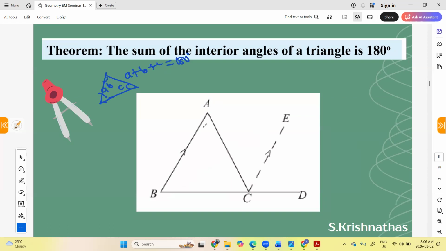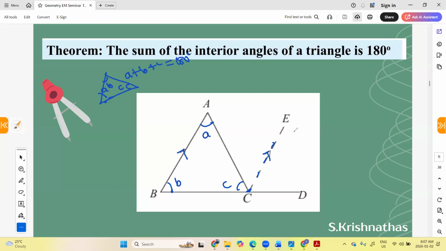Here, we can take this one as A, this one as B, this one as C. For the construction, I produce the line BC up to D, and draw a line parallel to BA through C. This is the construction line.